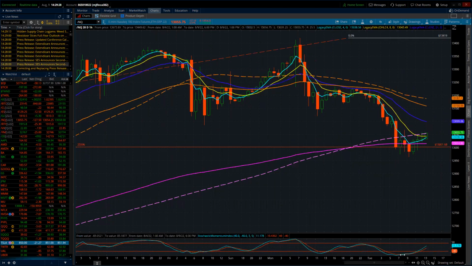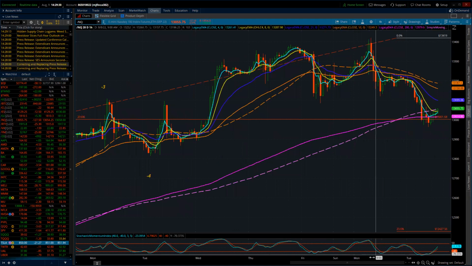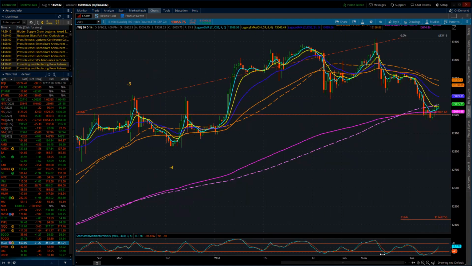I'm going to tighten that up a little bit so that we can take a look at it and see the structure. So here's today's trade. That is yesterday's high. If we had 1, 2, and then 1, 2, 3, 4, 5 of 3, and a 4, we're likely still needing that fifth wave.